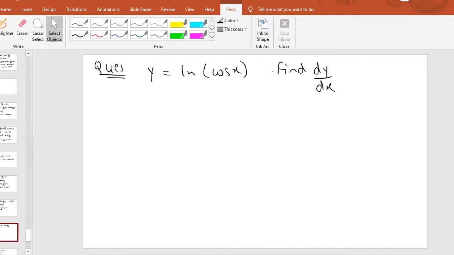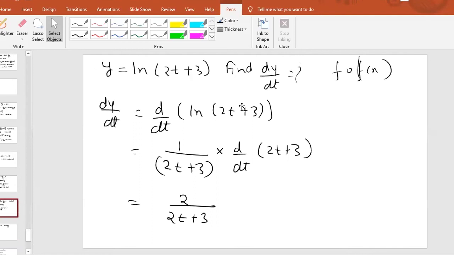Okay, so see how I got 1 by 2t plus 3 in the previous problem. It is a function of t, we understood because we are differentiating with t, and inside the bracket is 2t plus 3. So we have to go from left to right. First differentiate this log. What is the differentiation of log? 1 by inside the bracket, but in the place of inside the bracket is 2t plus 3.